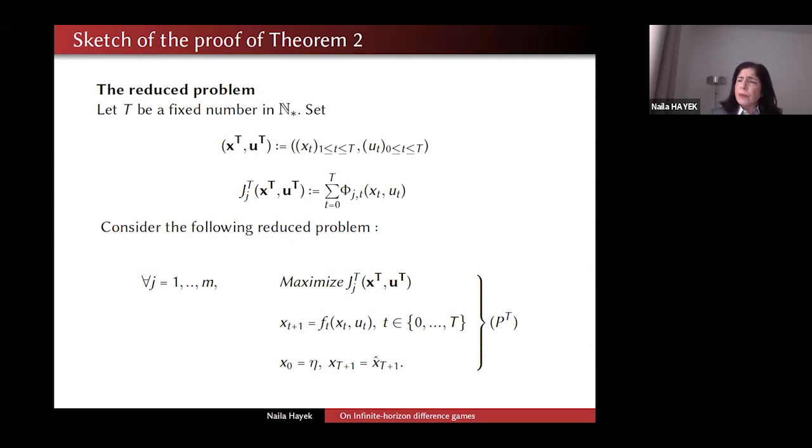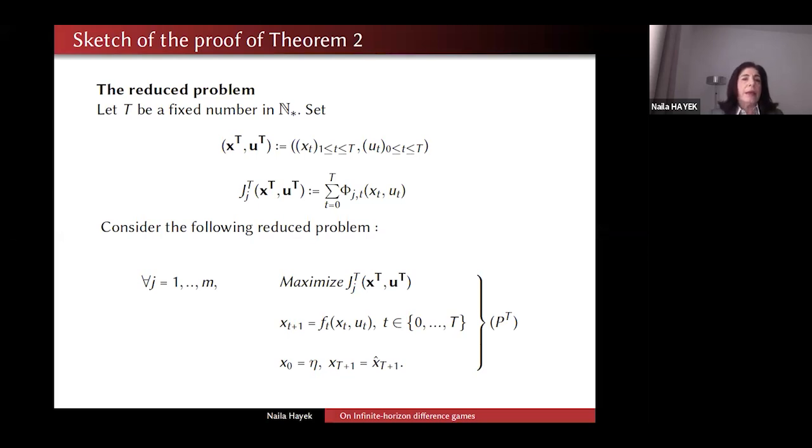I will start by looking at a reduced problem. Why am I doing this? Because I started by saying that I will look at the problems in the general case with a method of reduction to the finite horizon. So now I'm writing a problem in finite horizon, which I call the reduced problem.